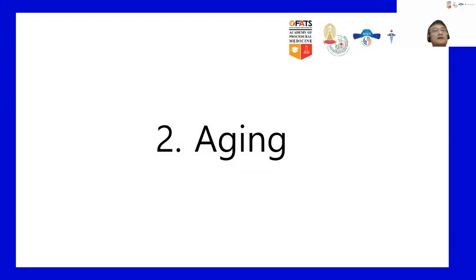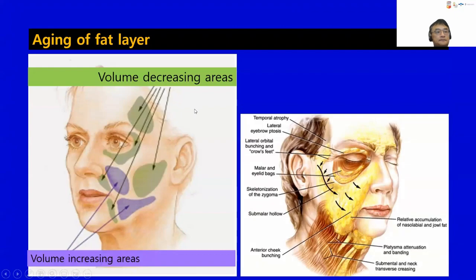We need to consider aging in the elderly person and underdevelopment in the young person, because the severity of a facial volume defect or sagging is very closely related to bone deformity in older or even younger patients. In general, in an aged person you can see a sagging appearance on the face due to facial volume redistribution by aging.